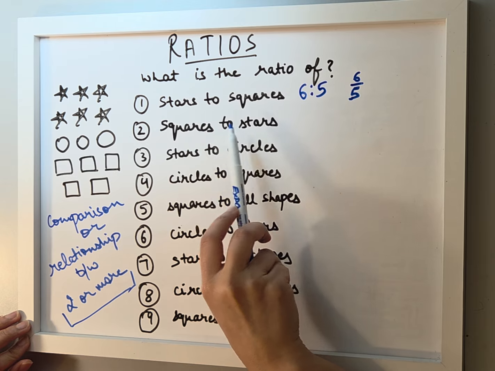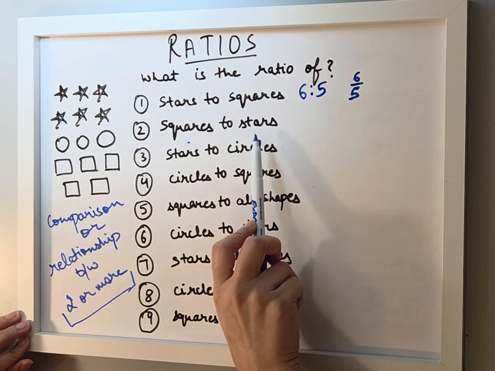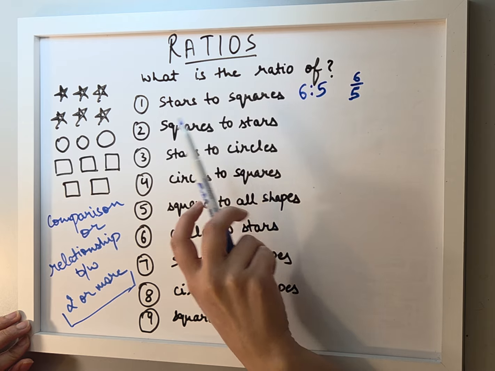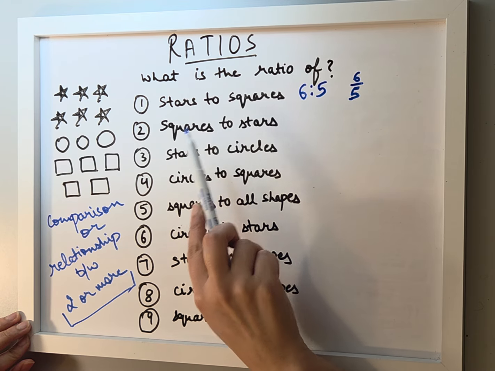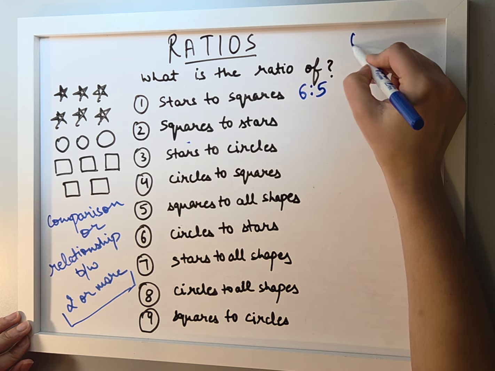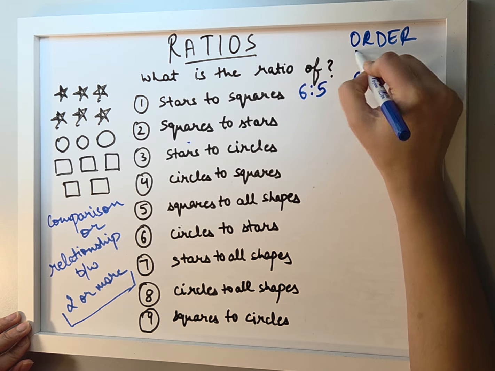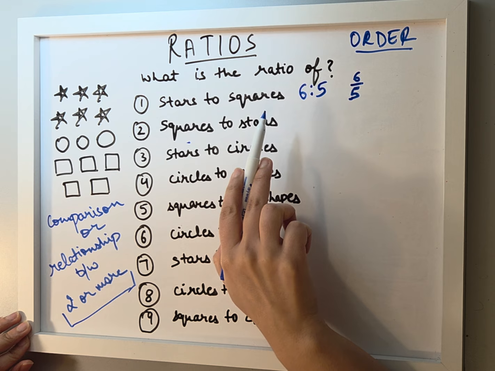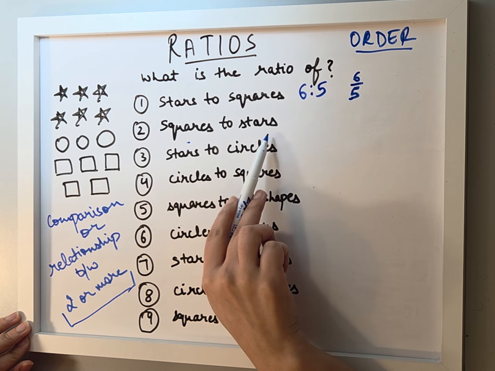Okay. So let's do the next thing. The next is the ratio of squares to stars. Now we might think that, oh, we just did stars to squares. But no, it's completely different. In a ratio, the order of things is very important. So the ratio of stars to squares is not the same as squares to stars.